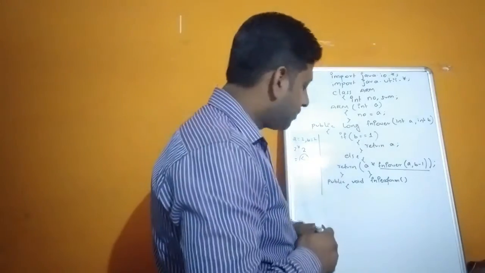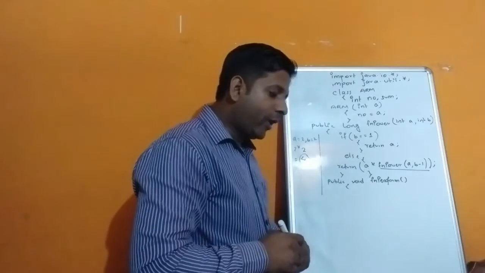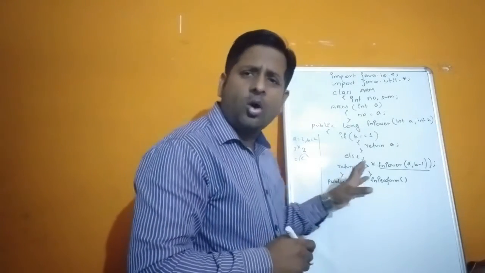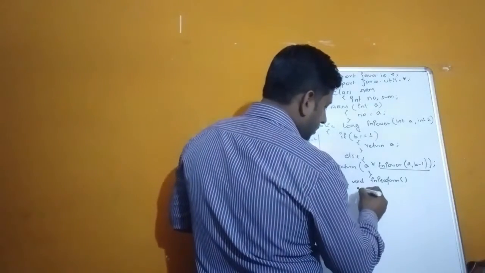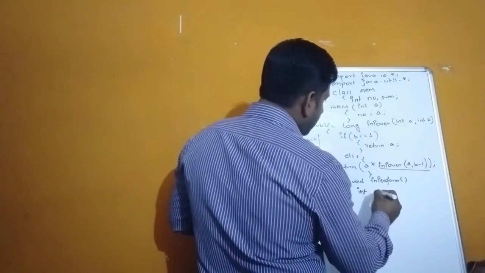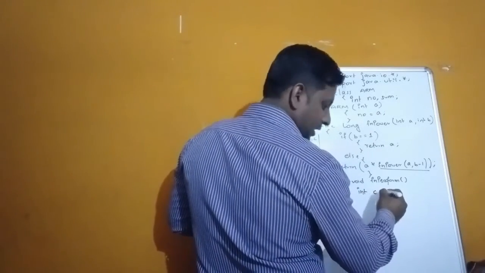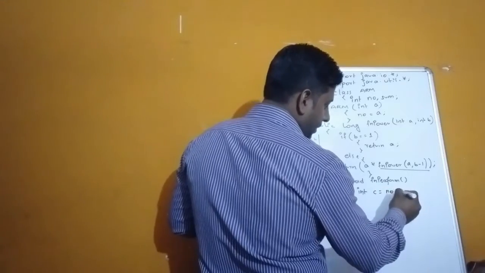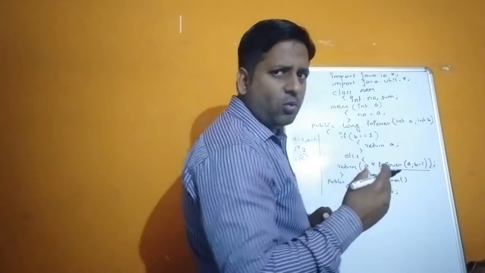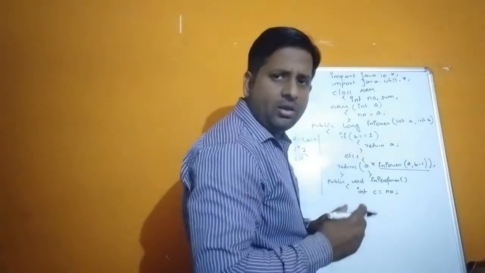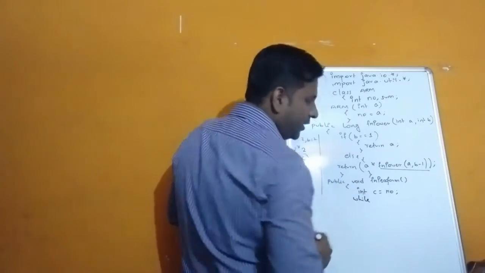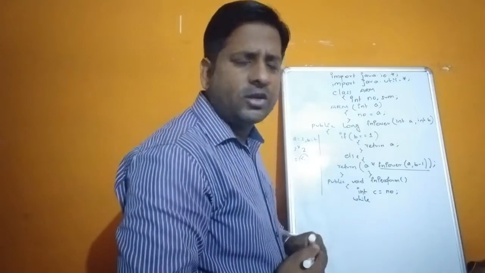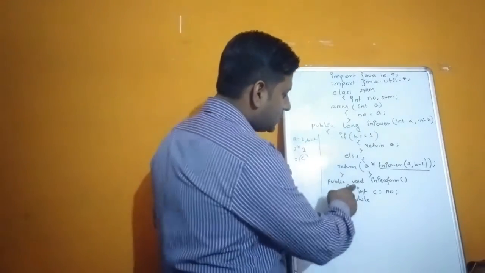Now here we need to find out whether the number is Armstrong number or not. Okay, so for this we'll take one variable, say c is equal to number. So whatever original number like 153 I have copied and stored in c. Now here we can use a loop because this is a normal function, it is not a recursive function. Okay, void is given here.